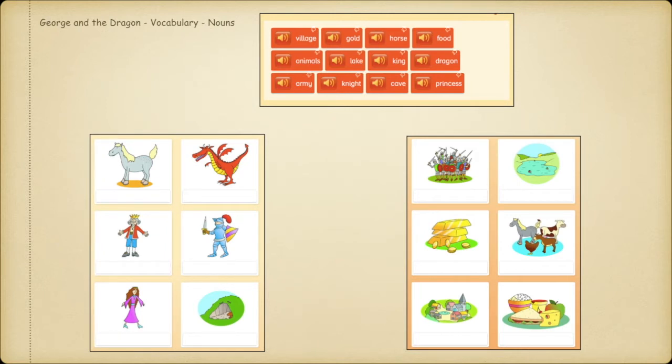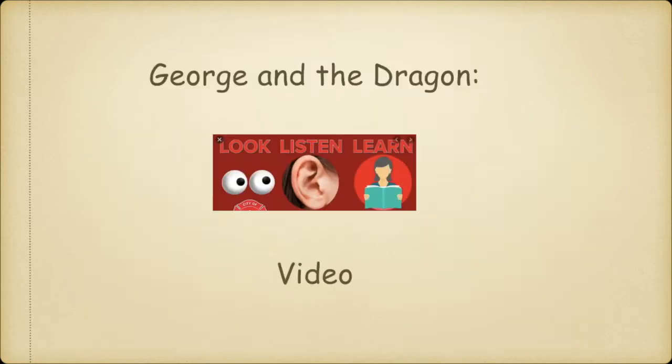Can you find a cave and match the word cave with the image? And finally, princess. Can you find the princess and match the word with the image of the princess? Right, that's our group of nouns. All of these nouns will appear in the video we are about to watch.